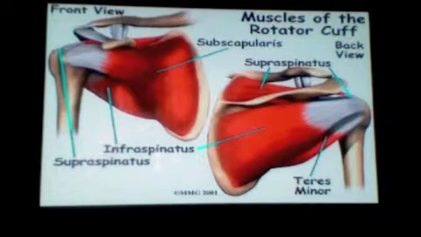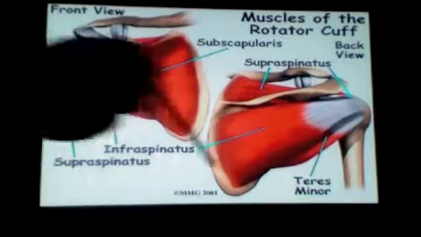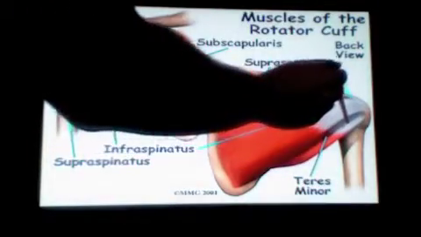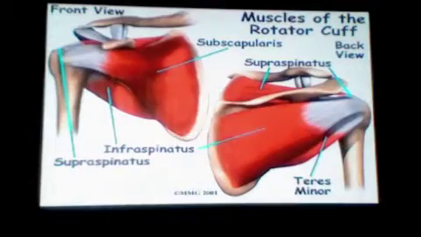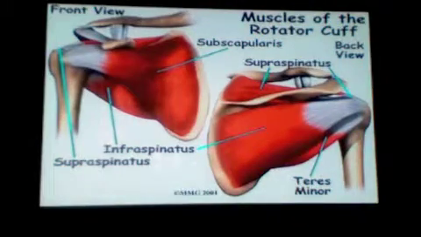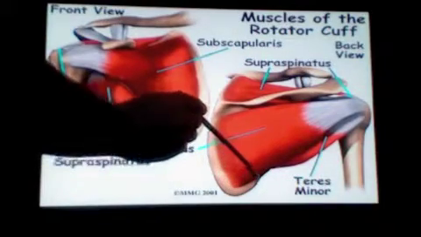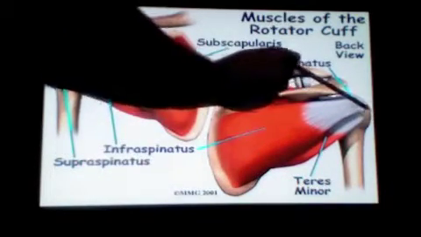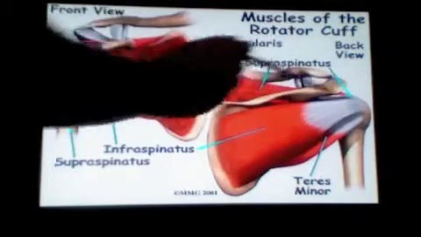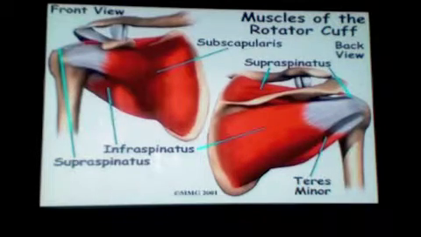The fourth muscle of the rotator cuff is the teres minor muscle. The teres minor muscle is located inferior to the infraspinatus muscle. The muscle originates from the lateral border of the scapula and inserts onto the greater tubercle of the humerus. The teres minor laterally rotates the humerus.